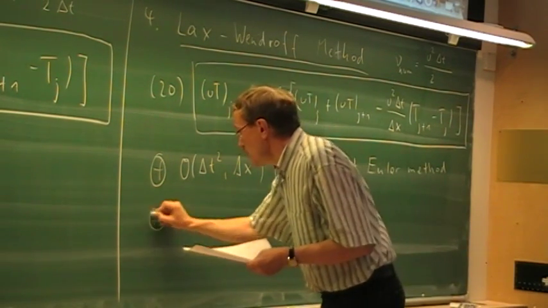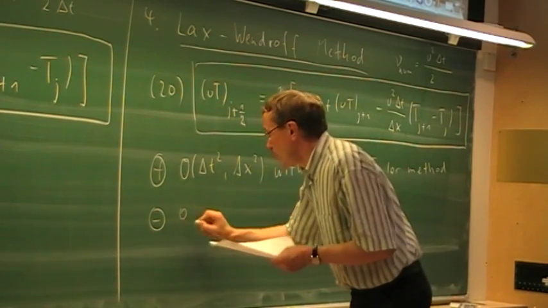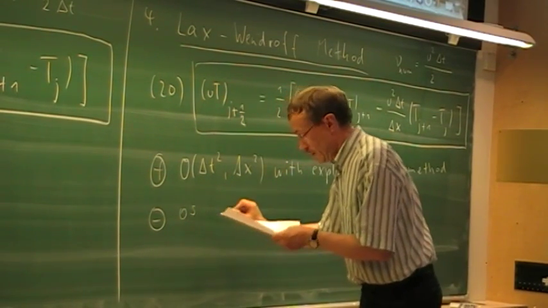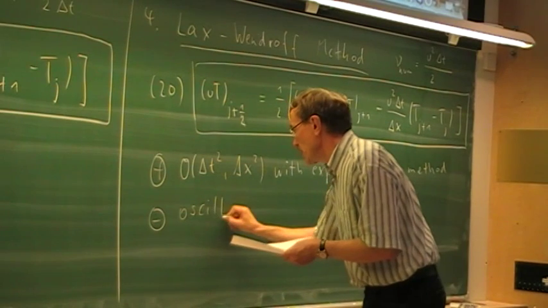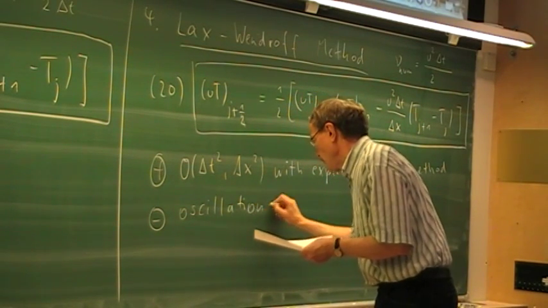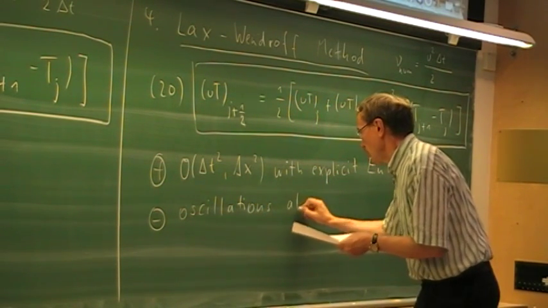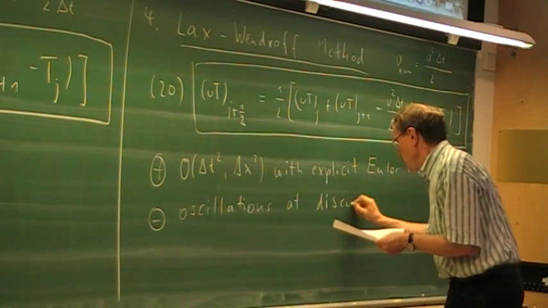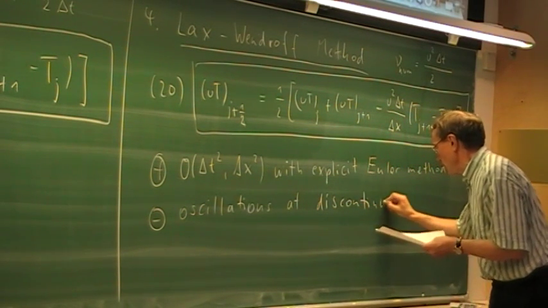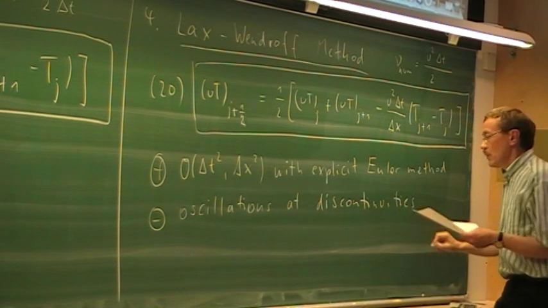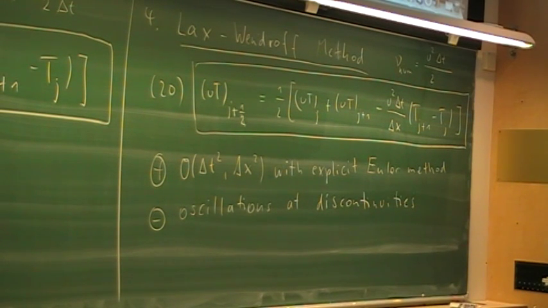However, it is not useful for applying it to discontinuities, because there we get oscillations. There we have to do something different. But if we have a smooth solution, then this method is good.